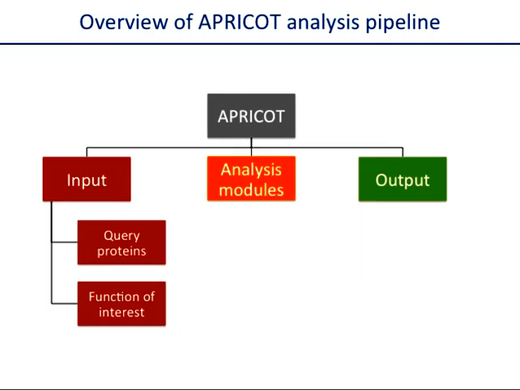There are two inputs APRICOT requires from the user. One is the query protein set. It could be a set of 10 proteins, it could be a single protein, or an entire proteome can be given. And the second piece of information that APRICOT requires is the function of interest, which can be defined by the user by providing a MeSH term.